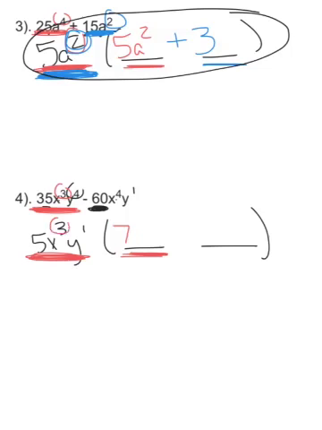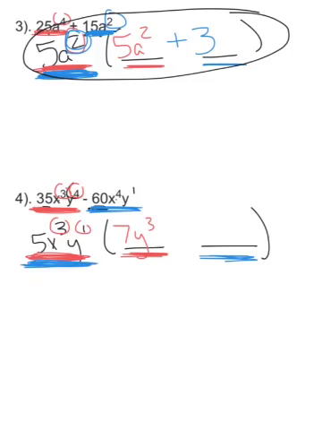X to the 3rd and x to the 3rd, so 3 minus 3 is 0, so no x's. Y to the 4th minus y to the 1st, so 4 minus 1 is y cubed. Then to get the second blank, we're going to look at the second term, divide it by the greatest common factor.